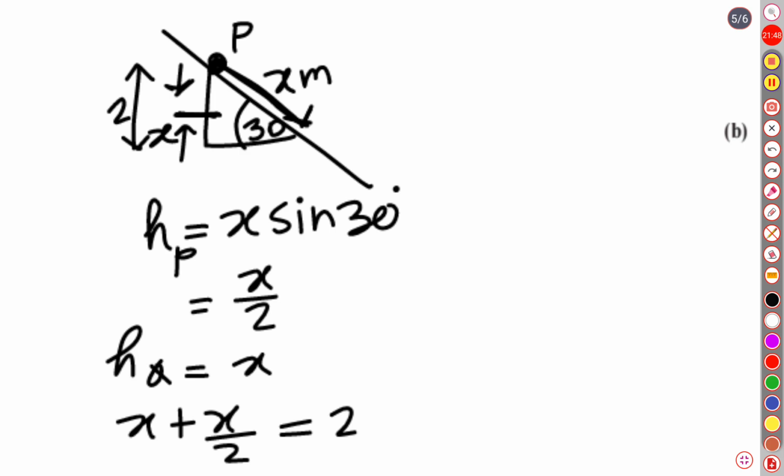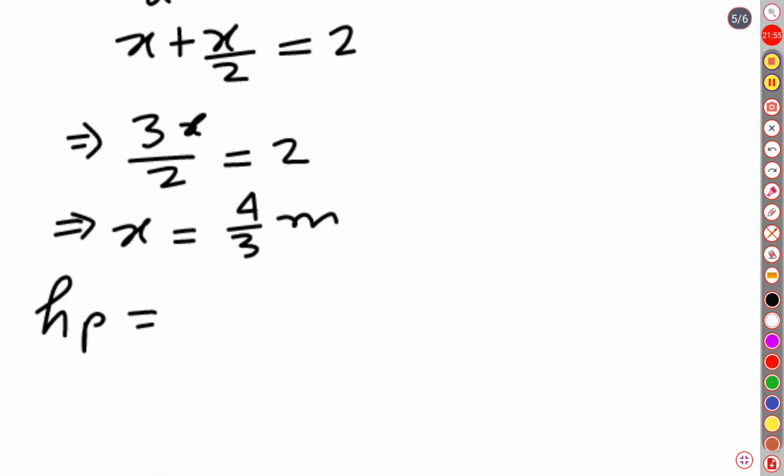The height of P is x over 2, and it must be negative. x means 4 over 3, over 2, so it is negative 4 over 6 meters.